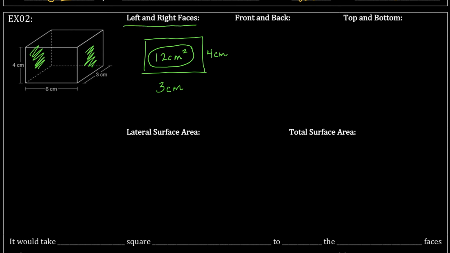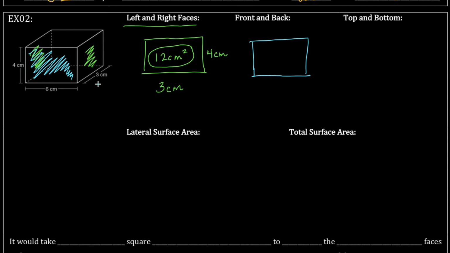Let's go ahead and do the front and the back. So here's the front. The back's also back there, but I think that would be a little difficult to see. So I can do that a little bit better.